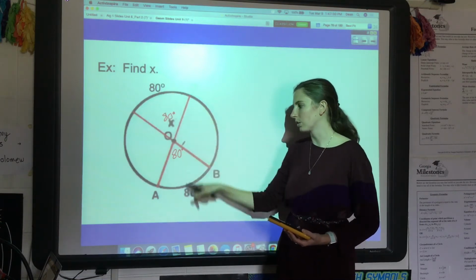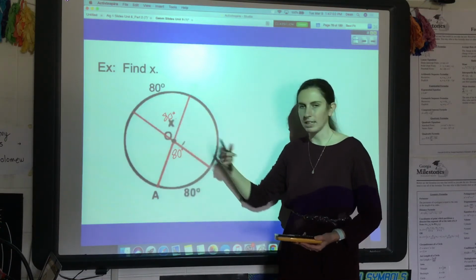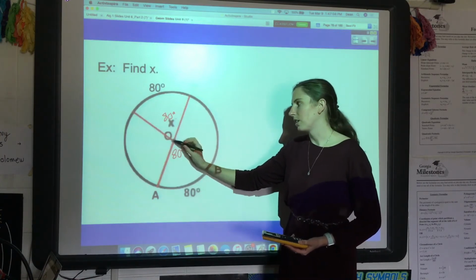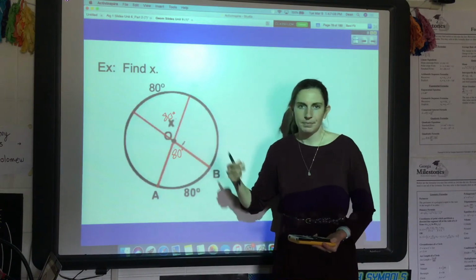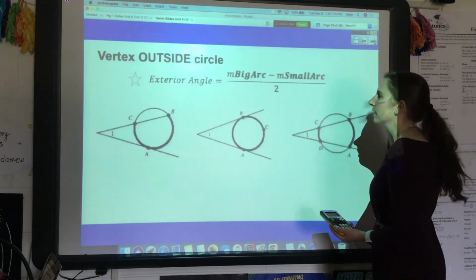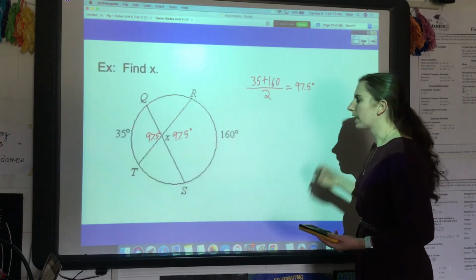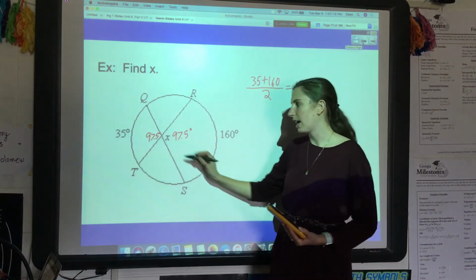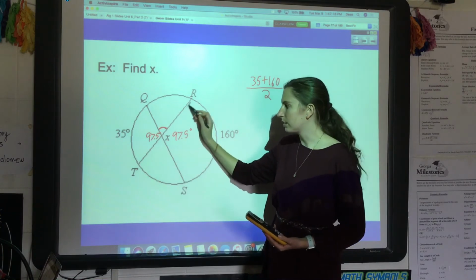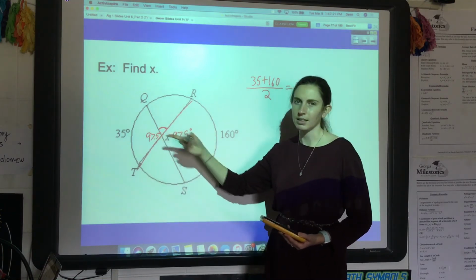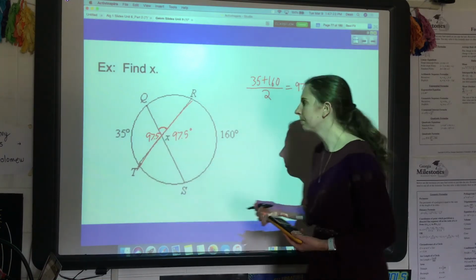If those two arcs are the same, and both of these are 80 as well, then that is the center point. So I didn't really have to work that hard on this one, but that's how you can tell that it is the center. And just for the record, if I wanted to find this angle right here, all you would have to do is take 180 minus this, and then you can find that angle.